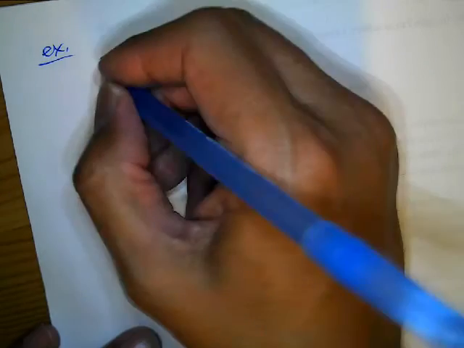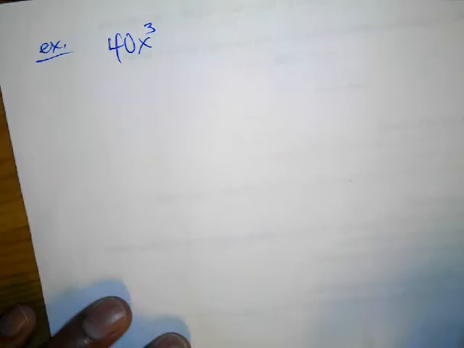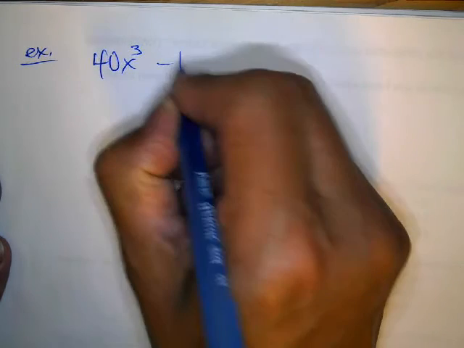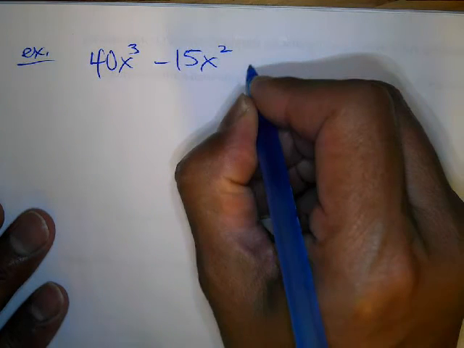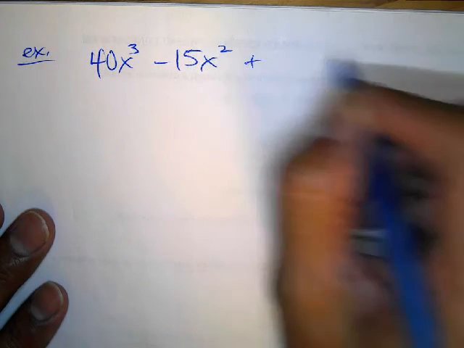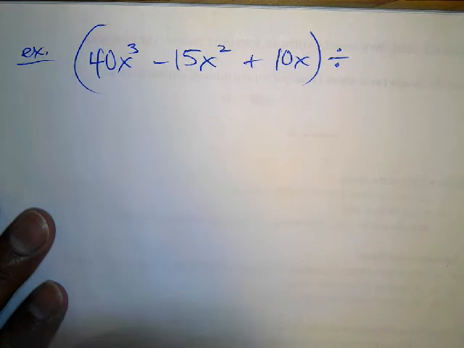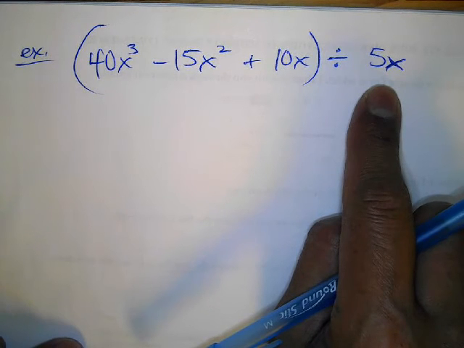We'll start easy, right? These are like the easier ones. All right, so what if you have something like 40x cubed minus 15x squared plus 10x divided by 5x.